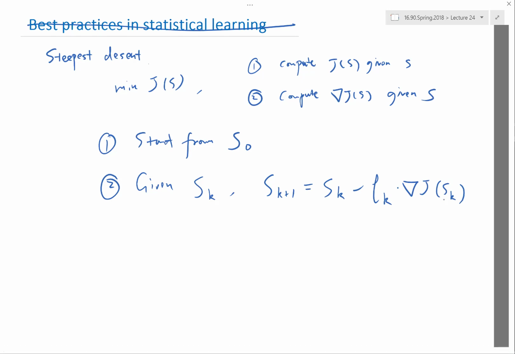It's called steepest descent because of the direction I'm following. First of all, lk is a scalar. It basically determines how far I go when I step from sk to sk plus 1. And then this is the vector. It has the same dimension as my design parameter s.